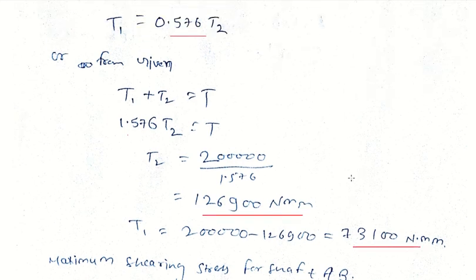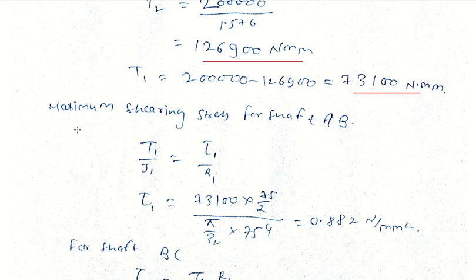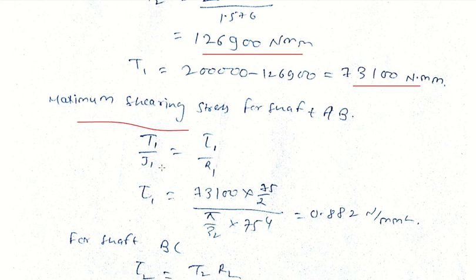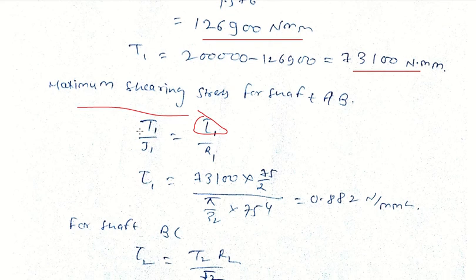Now in the question he is asking for the maximum shear stress. So again from the torsional equation, T by J equals tau by R. We want to find the shear stress, which means tau equals T1 into R1 by J1. Put the values: T1 is 73,100 Newton mm, into R, the radius of the shaft.